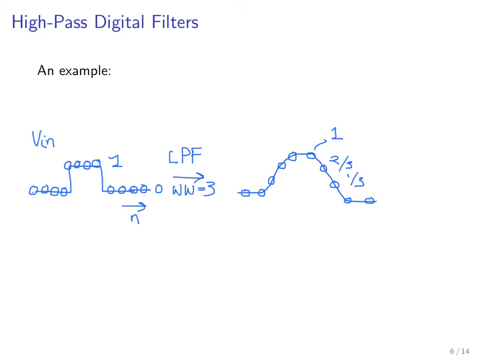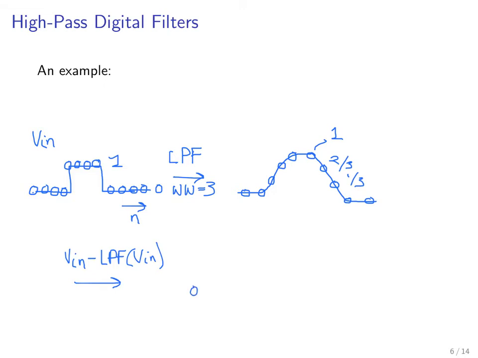So now if we subtract the low-pass filtered signal from the original signal, what we will get is the high-pass version of the signal. So if we now take Vn minus LPF of Vn, then what we will get is the following.